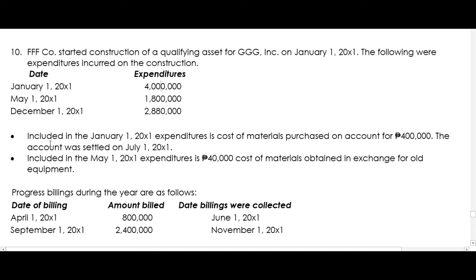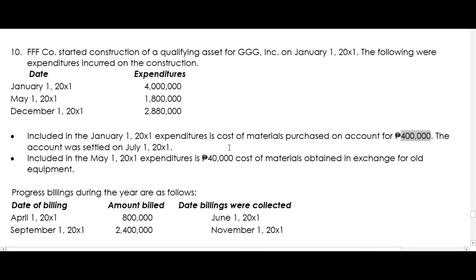Okay, sabi kasi, included in the January 1, 20X1 expenditures is cost of materials purchased on account for 400,000. The account was settled on July 1. So, ibig sabihin, out of the January 1, 20X1, ito, hindi pa talaga siya incurred. Okay, kasi na-incur lang talaga siya noong July 1.